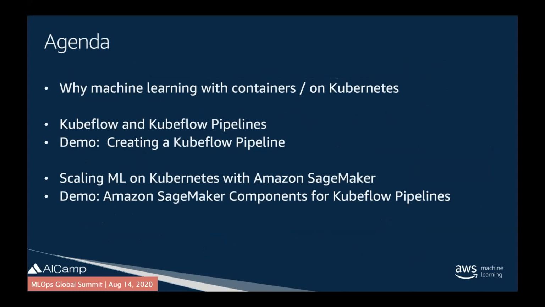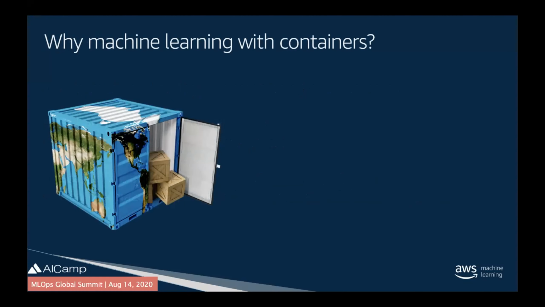I guess we're all curious to see how this actually works, so I'm going to show you how you can get started creating a Kubeflow pipeline. And then as an extra bonus, I'll talk a little bit about how you can scale machine learning on Kubernetes even further by integrating with cloud managed services, on the example of Amazon SageMaker. And we'll also see a demo on that part.